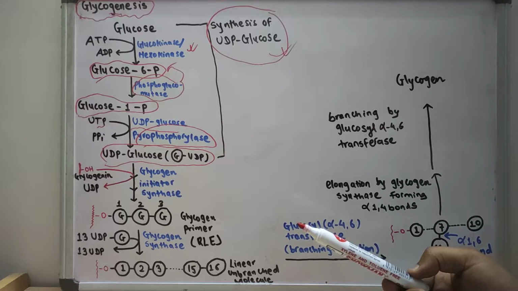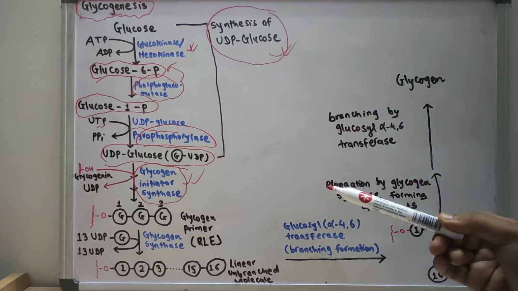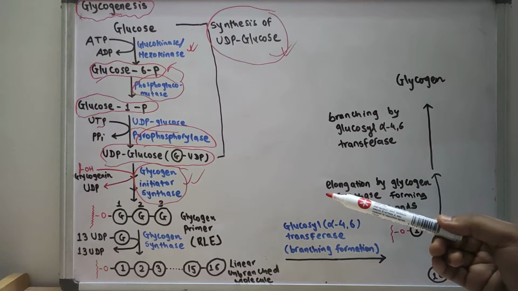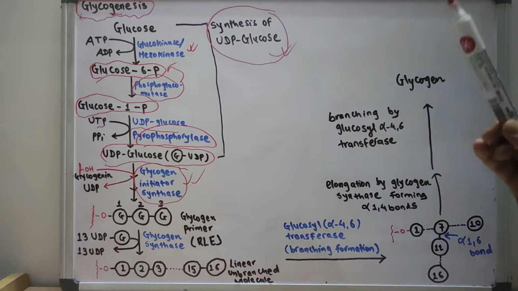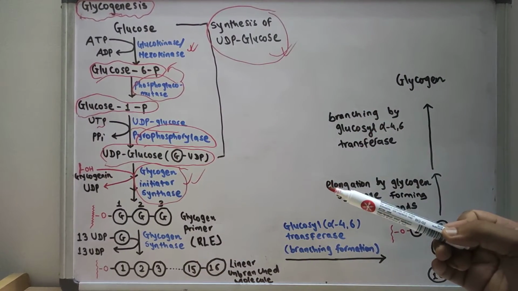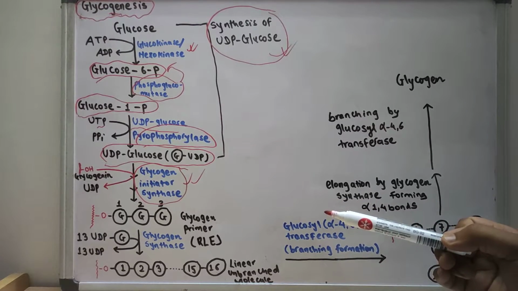The enzyme glycogen initiator synthase transfers the first molecule of glucose to glycogenin. Then glycogenin itself takes on a few glucose residues to form a fragment of primer, which serves as an acceptor for the rest of the glucose molecules.